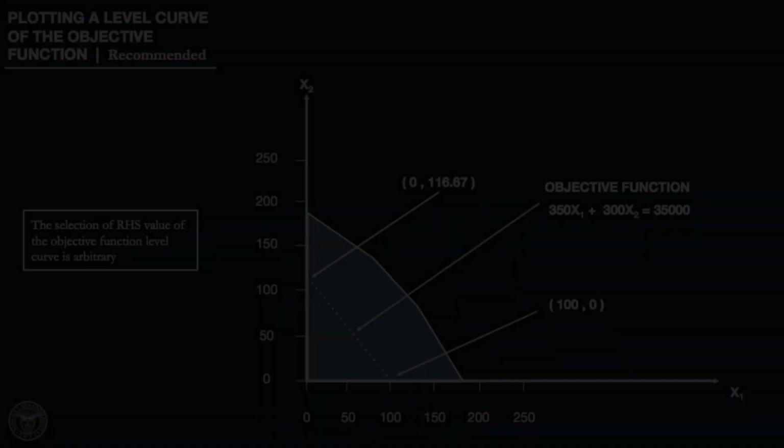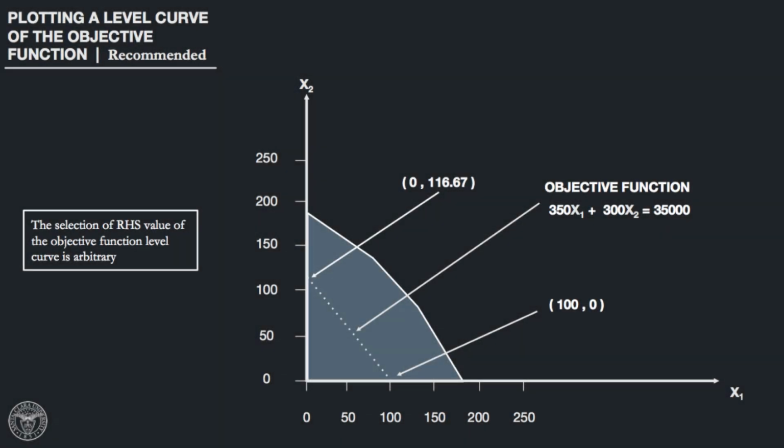If we want to utilize the objective function, we can draw a level line for it. We take the objective function 350x1 plus 300x2, and assign an arbitrary value to this equation so that we can draw a line, which we call a level line, on the graph.